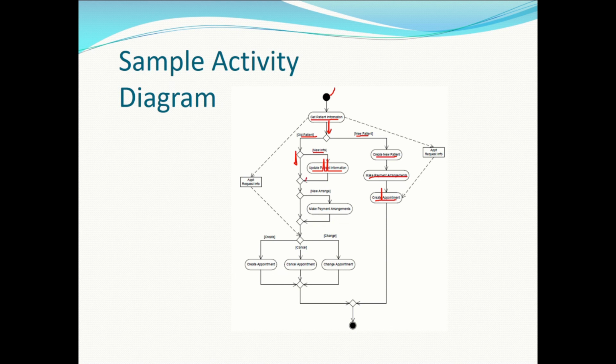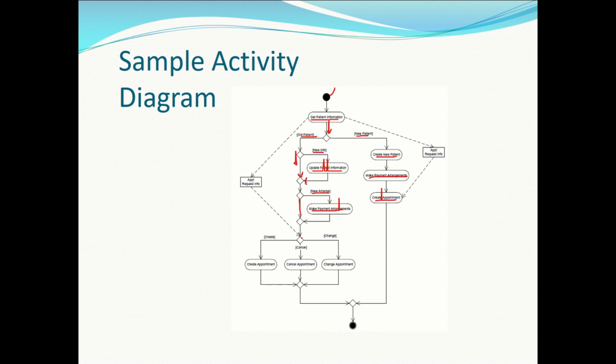So you have here a join. Join is used when you have two lines coming together. And then we have to say, do we have a new arrangement or no? If a new arrangement, then we have to make a new payment. Otherwise, continue. And then we have a join here.